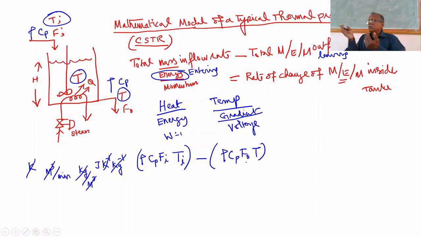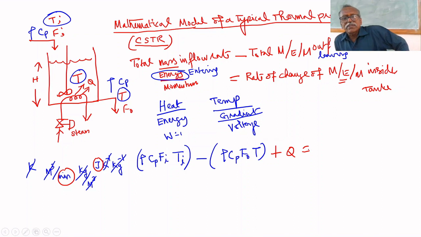It is taking away some heat energy. It is coming in with heat energy and taking away some heat energy. In addition, we are supplying some heat Q, so many joules per minute.